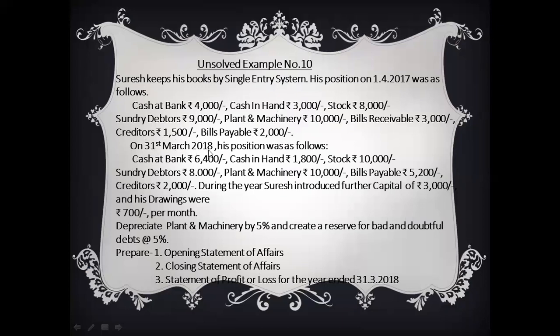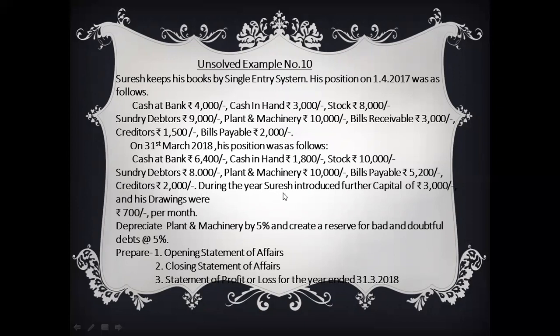On 31st March 2018, his position was as follows. Cash at bank rupees 6,400, cash in hand rupees 1,800, stock rupees 10,000, sundry debtors rupees 8,000, plant and machinery rupees 10,000, bills payable rupees 5,200, creditors rupees 2,000.